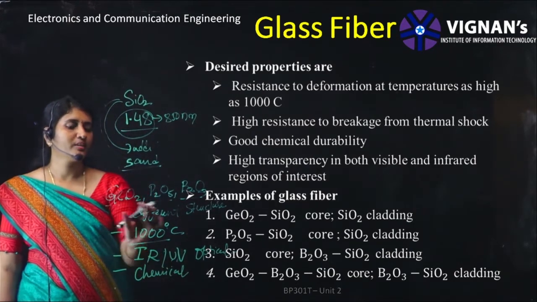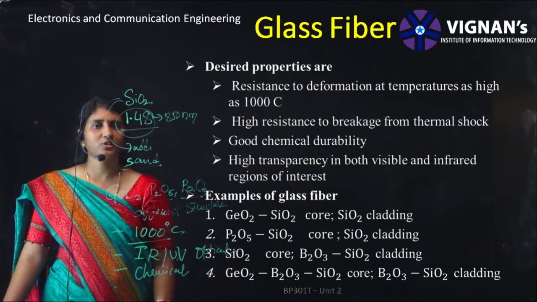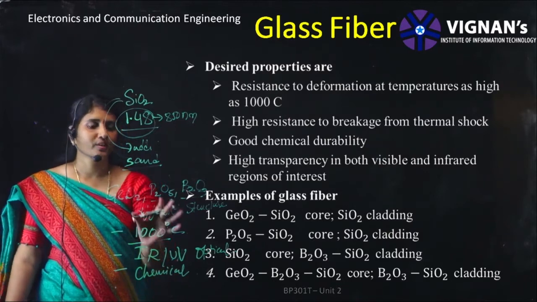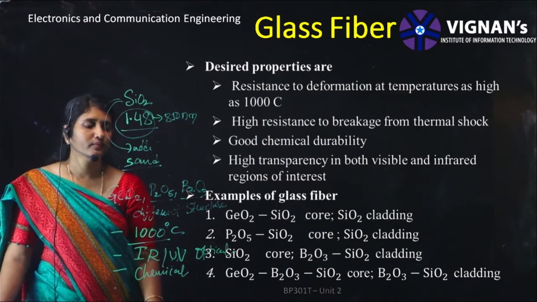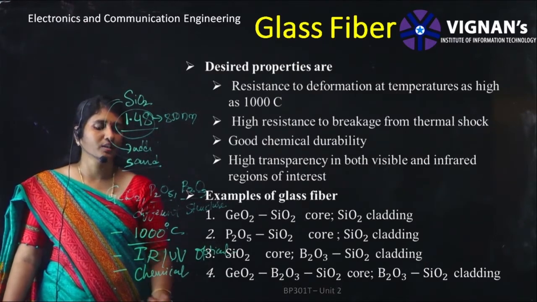Chemical durability means while we are forming this, it should not give any reactions. So we will see what the different combinations of GeO2, P2O5, B2O3 with SiO2 are, and what structures can be formed.